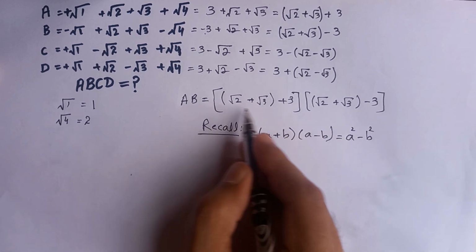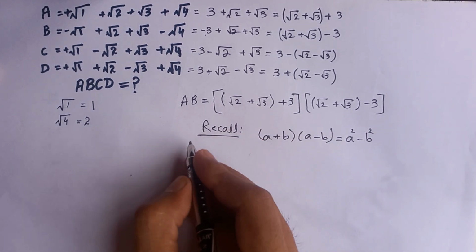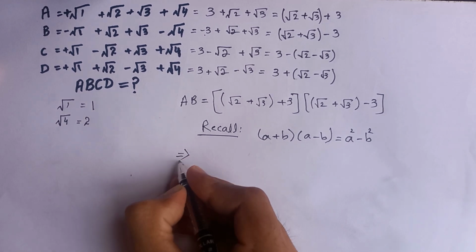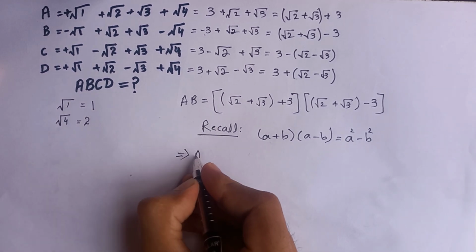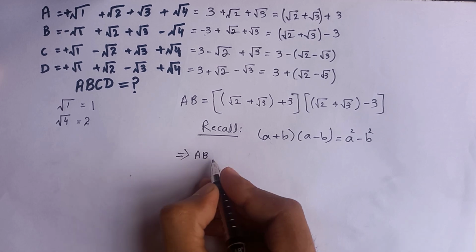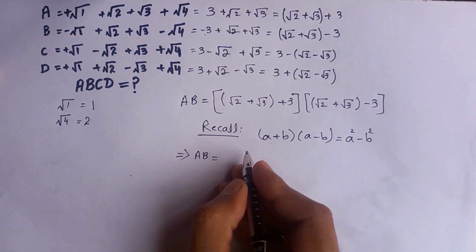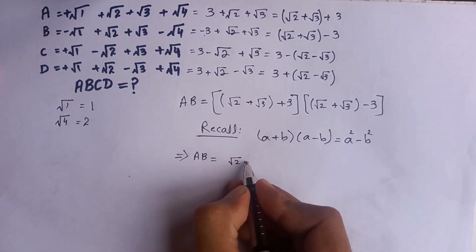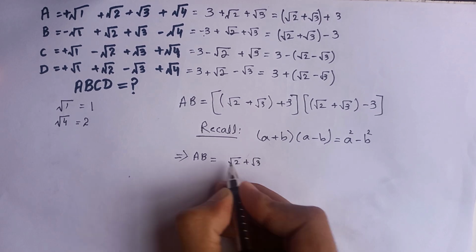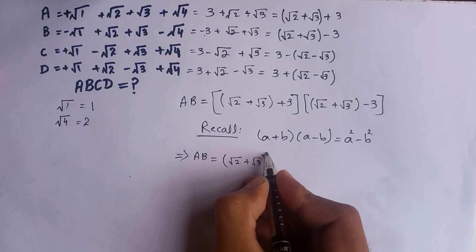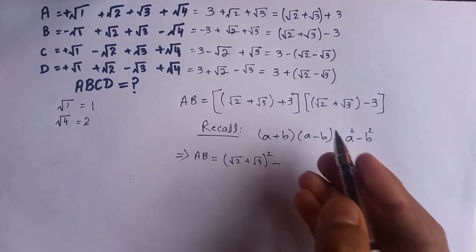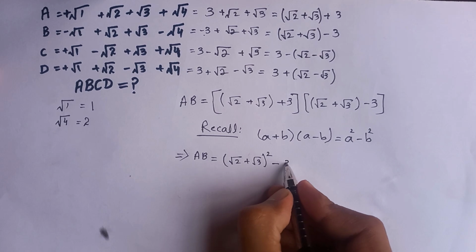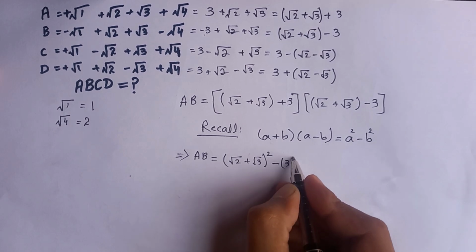So by using this formula, ab will be equal to square root 2 plus square root 3 whole square minus 3 square.